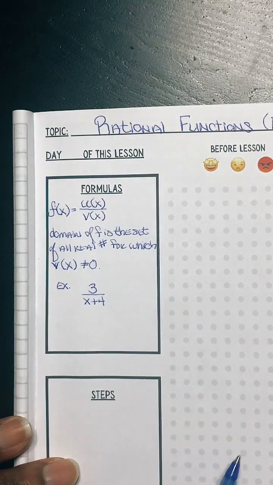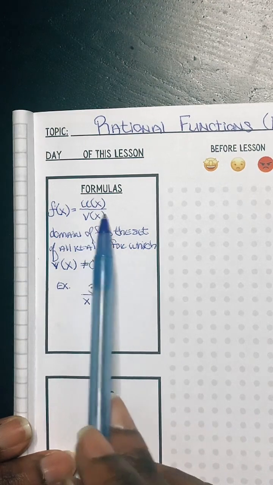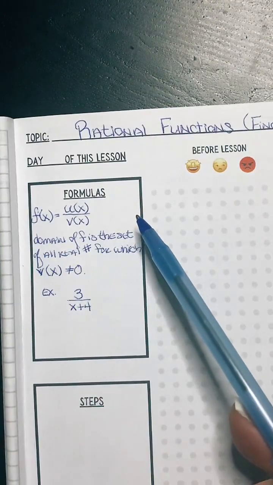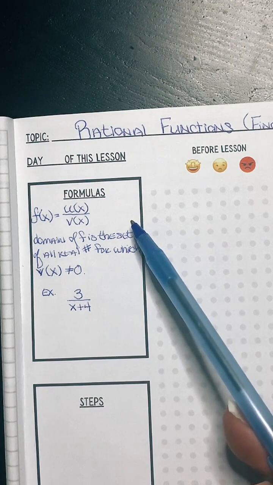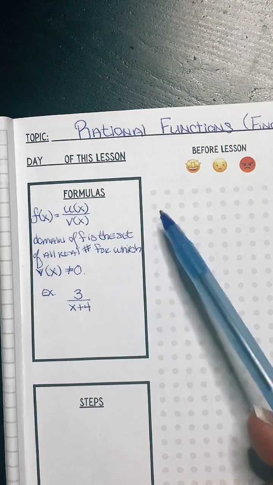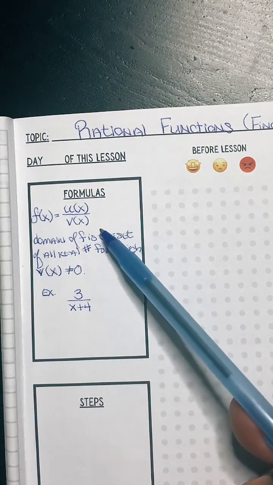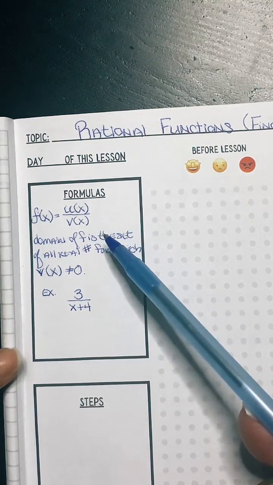So rational functions kind of resemble that whole fraction thing. Rational functions are functions whose numerator and denominator are polynomials. We're used to seeing just fractions.